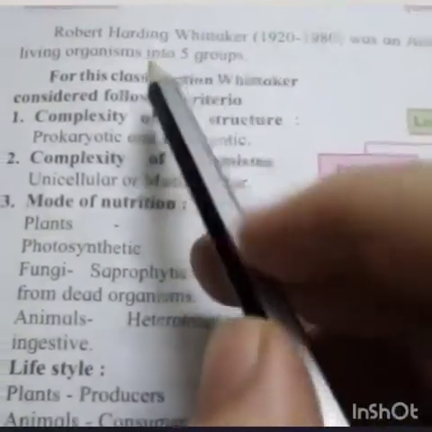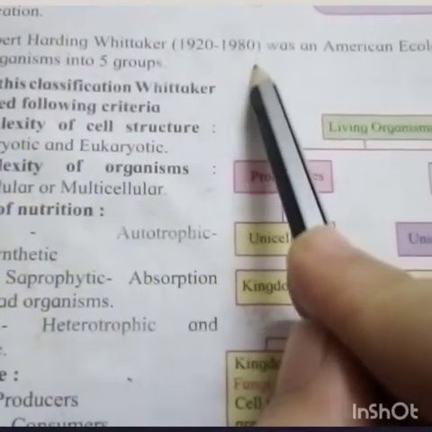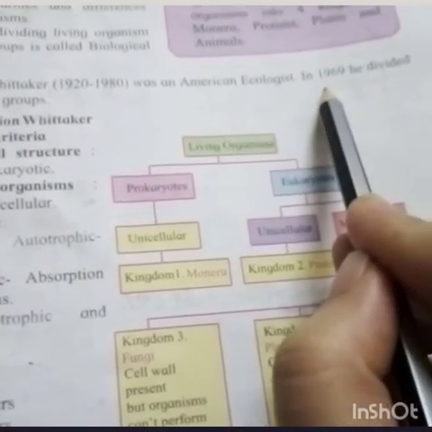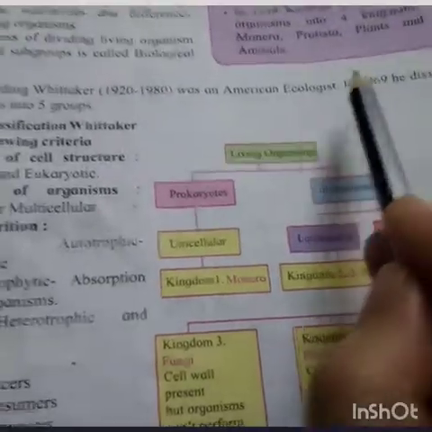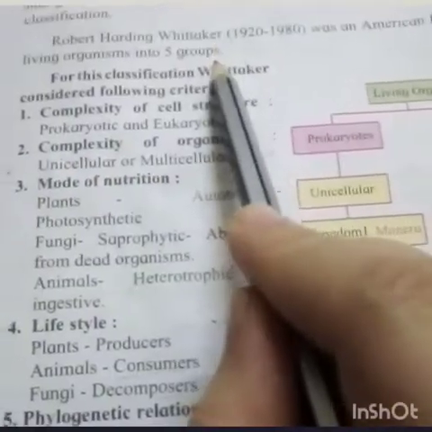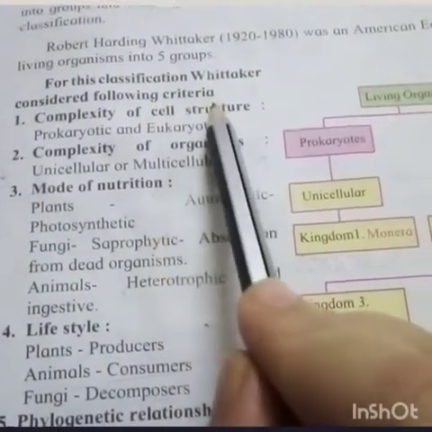Okay students, so Robert Harding Whittaker, 1920-1980, was an American ecologist. In 1969 he divided living organisms into five groups. For this classification, Whittaker considered the following criteria.